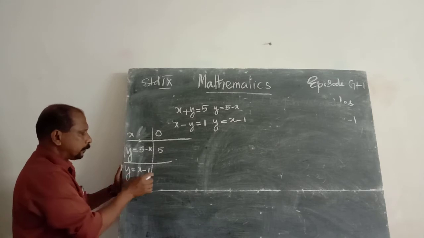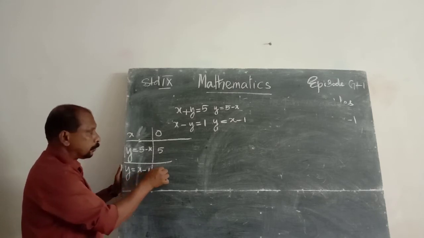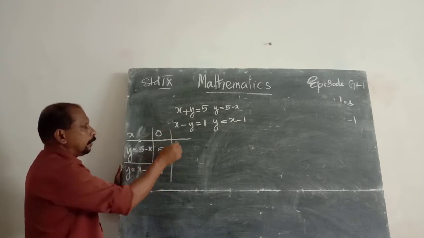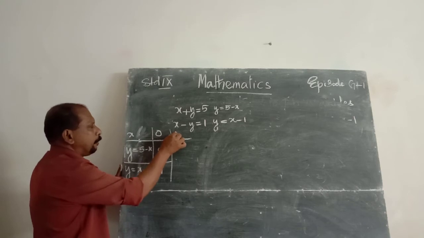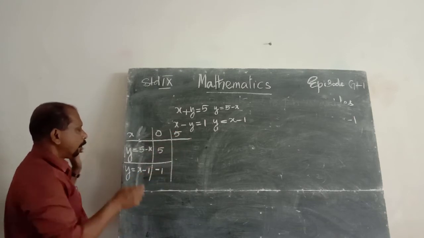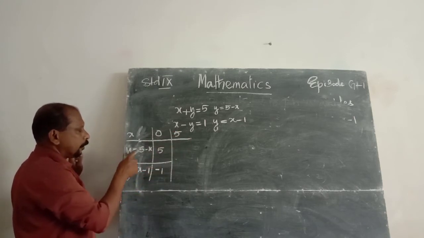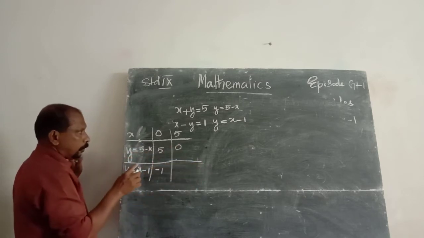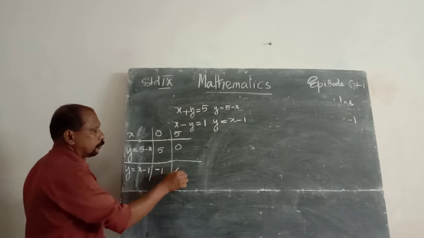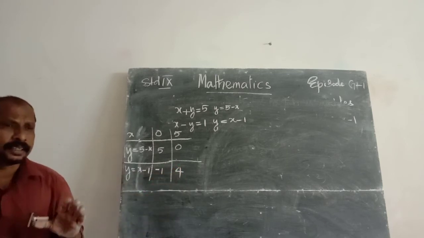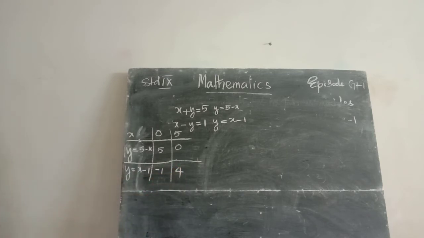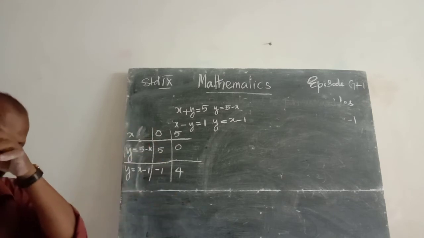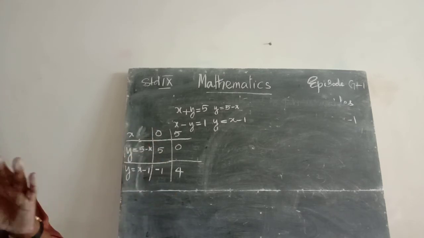Y is equal to 0 minus 1, minus 1. Then x is equal to 5. Y is equal to 5 minus 5. 5 minus 1. To present a straight line in coordinate geometry, at least 2 points are given.